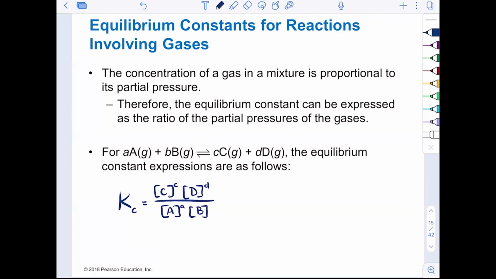If we have a reaction like this one, where we have gas phases, we can also use the Kp, measuring the concentration of each individual component by the partial pressures. Still, the partial pressures would be to the exponent of whatever coefficient, and the partial pressures will still be products over reactants.